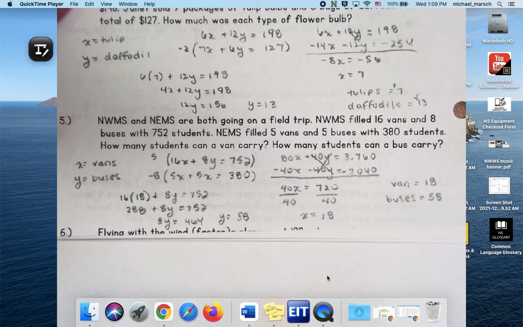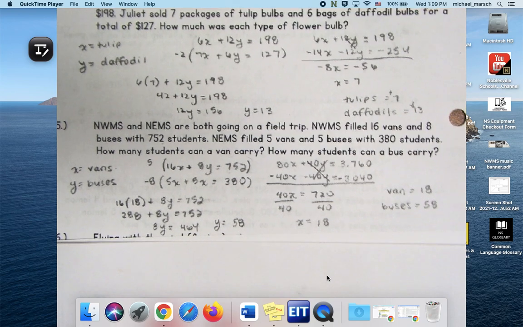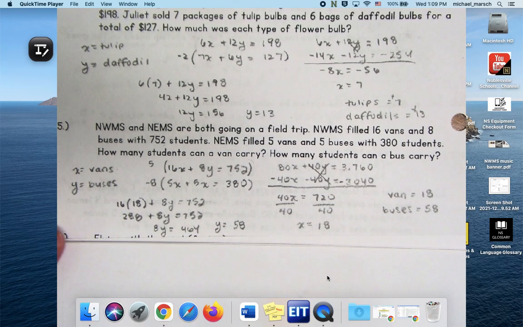We have a field trip with vans and buses. Right? So I made X vans, Y buses, just because I was told about the vans first. Made my 2 equations. Right? Did we do this one in the notes? I can't remember because I just filled out the whole thing.